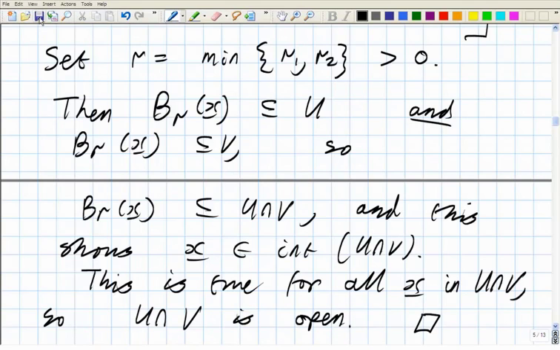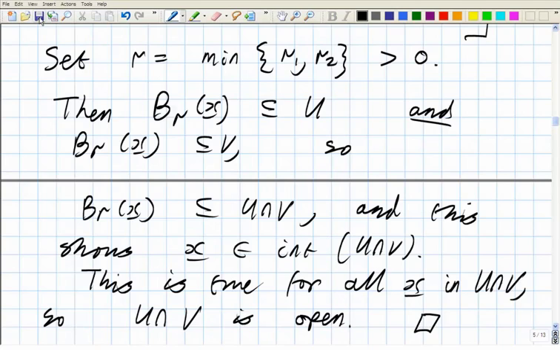And that's a slightly trickier proof. That proof had an idea in the middle of it. The idea was based on the diagram. You had two values. Most of it wrote itself. You had to remember that the r1 and the r2 might have been different in the first place. You've got an r1 that kept you inside U, and an r2 that kept you inside V, and then you had to have an idea as to how could you stay inside both U and V at the same time.